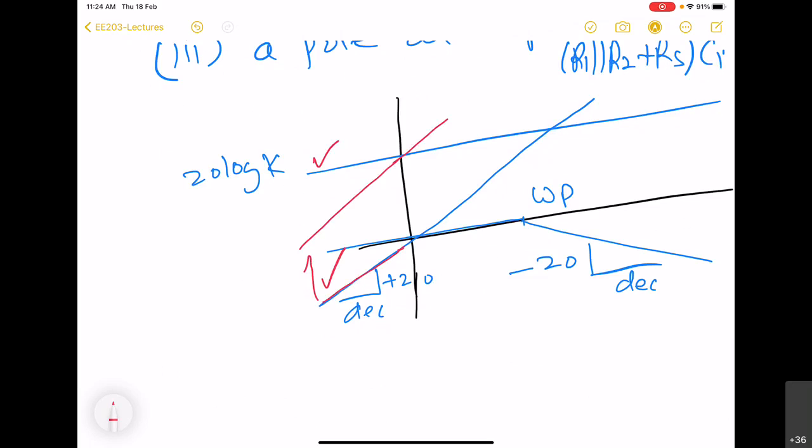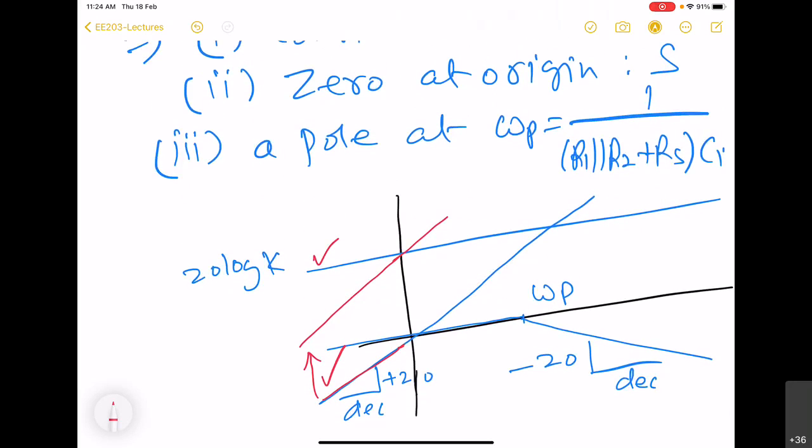It is this curve which shifts here to this constant term, and this will continue till omega p, at the rate of plus 20 dB for every 10-fold increment in the frequency.